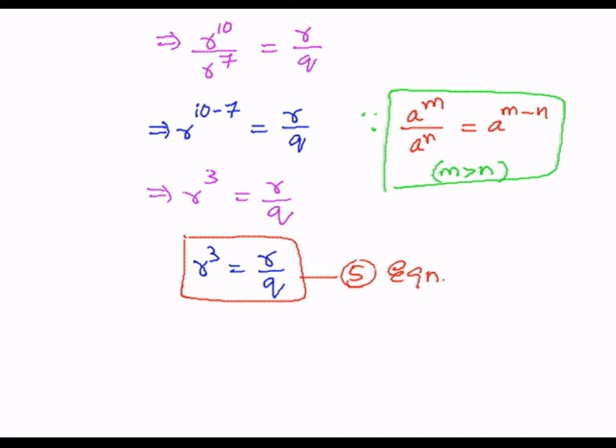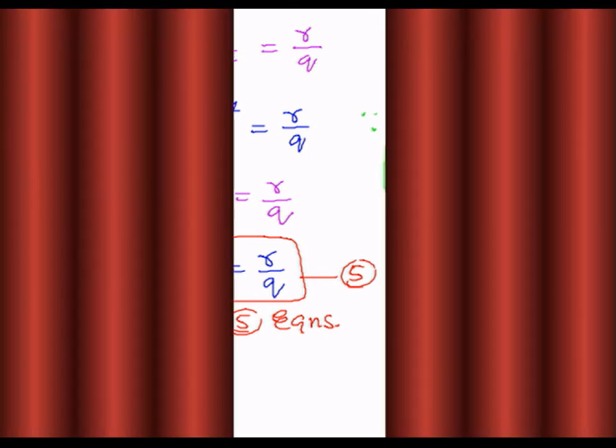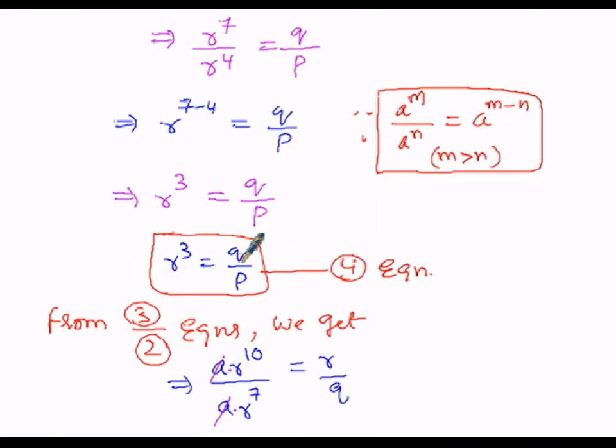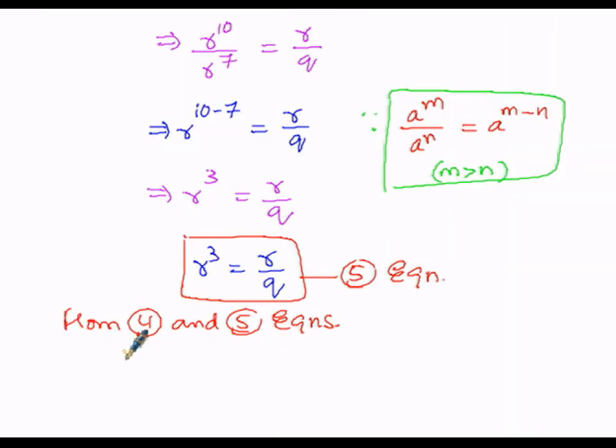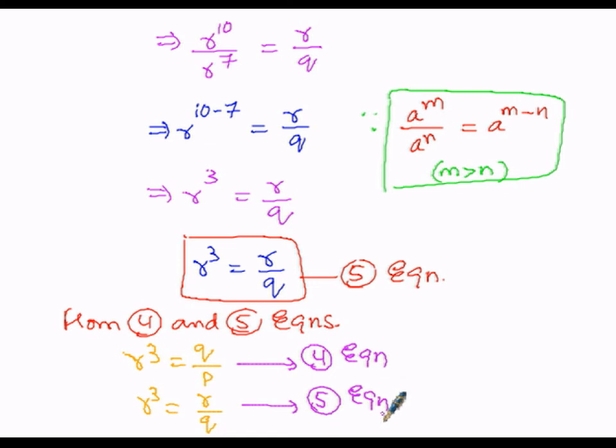Now from the 4th and 5th equations. The fourth equation is R cube equals Q by P, and the fifth equation is R cube equals R by Q. When we observe these two equations, the left hand sides, R cube and R cube, are equal.